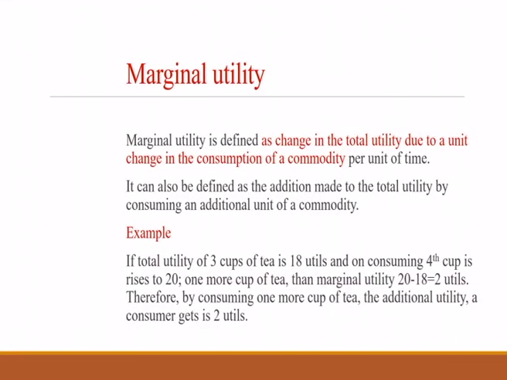For example, if the total utility of 3 cups of tea is 18 utils and consuming a 4th cup takes it to 20 utils, the marginal utility is only 2, that is 20 minus 18, the delta change. Therefore, by consuming one more cup of tea, the additional utility the consumer gets is 2 utils.